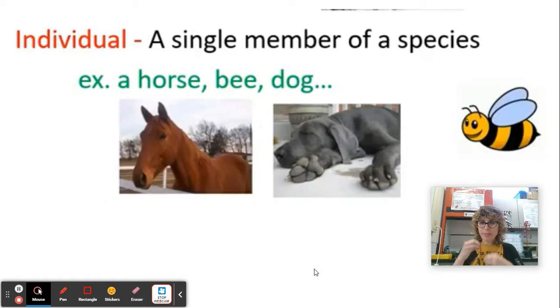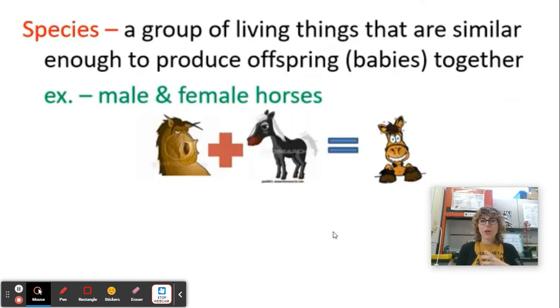So let's talk about some more important detailed vocabulary for this unit. An individual is a single member of a species. So singular, a horse, a bee, a dog, a human, one individual. We then have many individuals that are a part of a species, but they have to be individuals of the same type. They have to be able to reproduce with each other. So, for example, if I take a male horse and a female horse and I create a new baby horse, that's going to be an offspring that's able to reproduce.